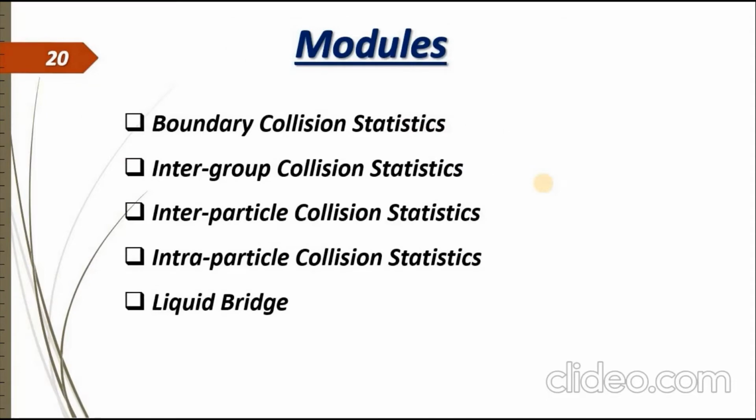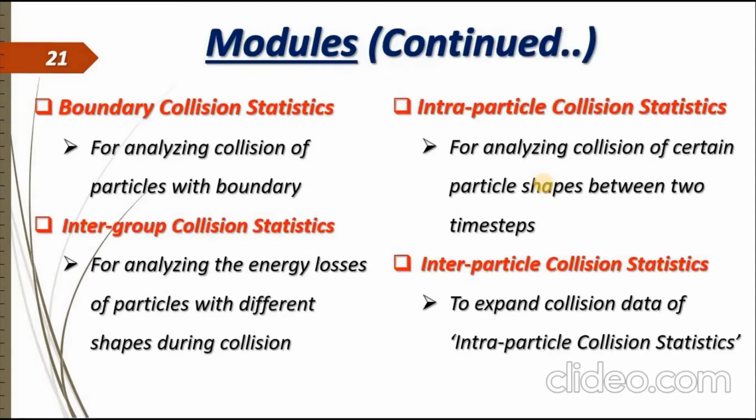Also, there is a section of modules with these subsections, and I'll explain them now in detail. The boundary collision statistics is used for analyzing the collision of particles with the boundaries, while the intra-particle collision statistics is used for analyzing the collision of certain particle shapes between two time steps.